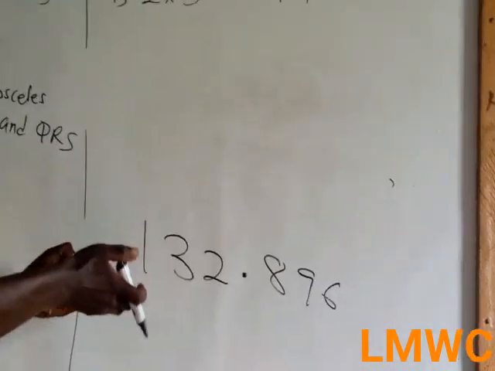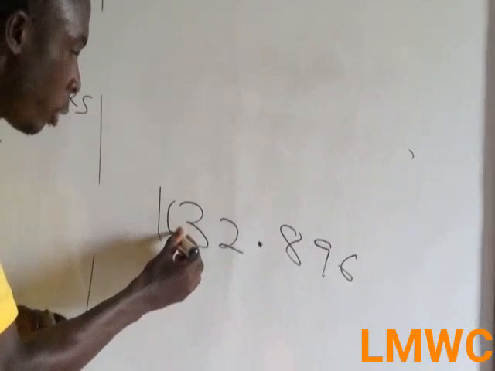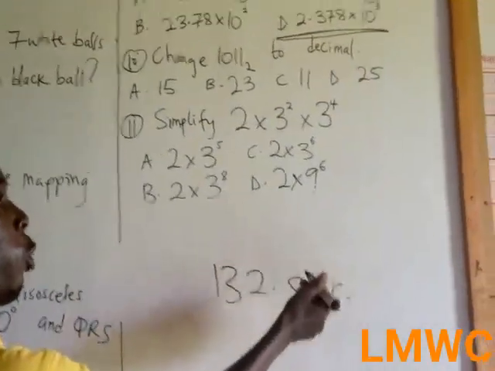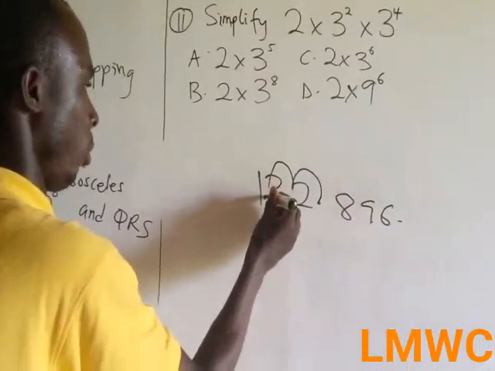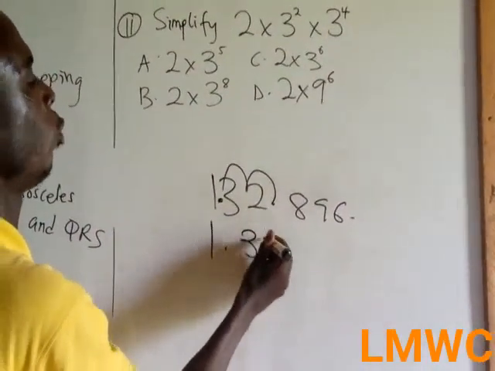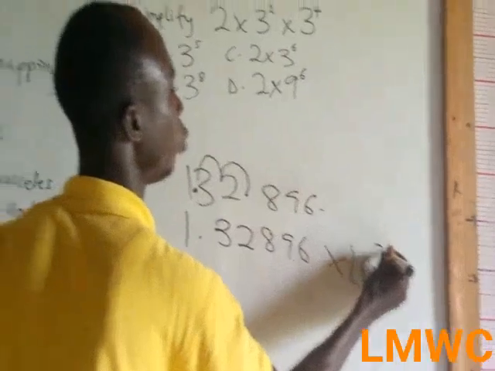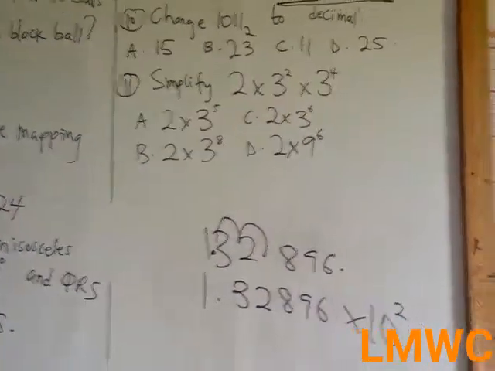And for 0, what I mean is that once it's in between this one, you can count. So you count from right to left. So 1, 2, between the first and the second. So it becomes 1.32896 times 10 power 2. We are counting to the left, so the power is positive.